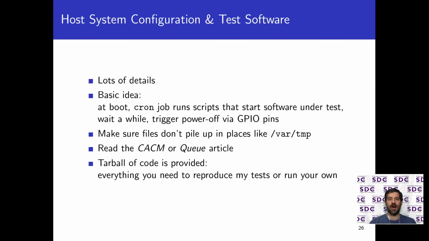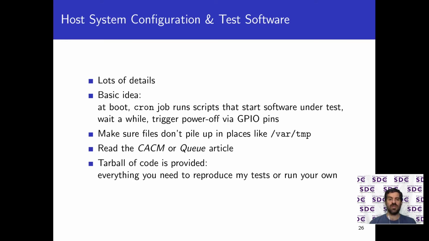Now, configuring the Pi and setting up the software to supervise tests involves details that we are going to skip in this talk. But the basic idea is to set up a cron job that runs when the Pi boots. The cron job starts a test application, the intended victim of the power failures, and then after waiting for a random interval, it triggers a power cutoff by signaling the power interruption circuit via GPIO pins.